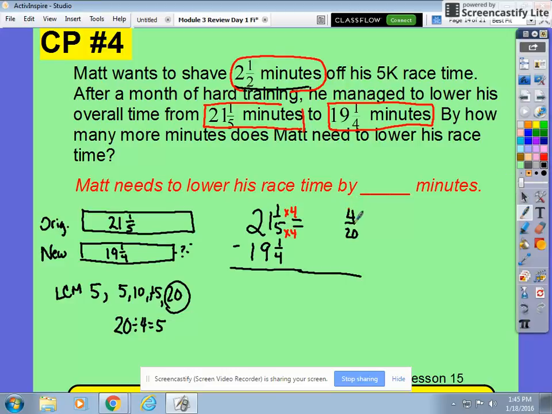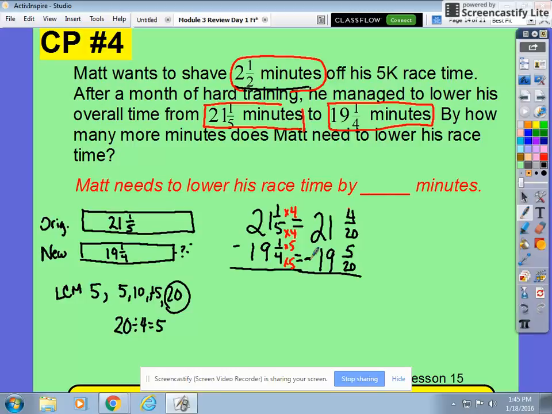I get 4/20ths for my fraction, and I bring over the 21 wholes. I do the same thing down below, leaving some space for that whole number. I know that 4 times 5, that's the version of 1. I have 5/20ths, and I bring over my whole number 19, and I know that I'm subtracting.